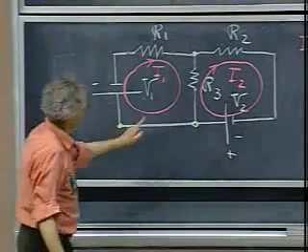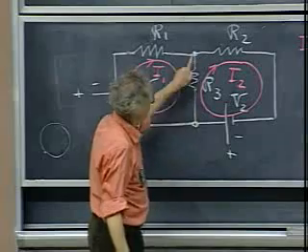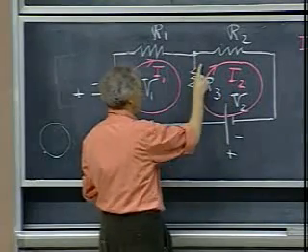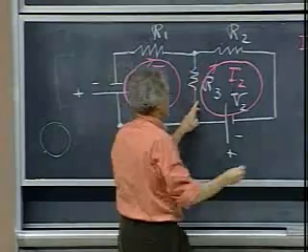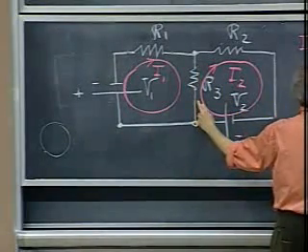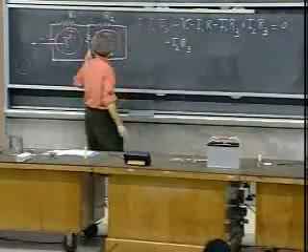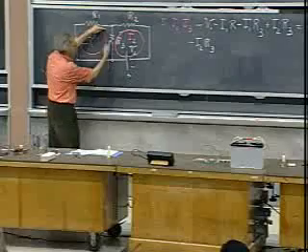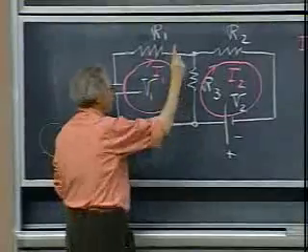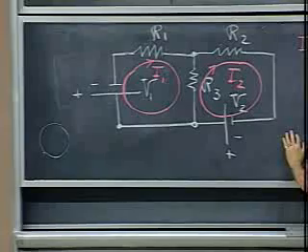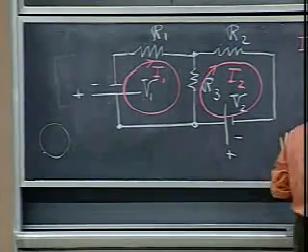So now I go through R3, and this current I2 is running in this direction, so I go down in potential. So I get minus I2 times R3. But current I1 is coming towards me. If I go in this direction, I1 is coming towards me, so I climb up the potential hill. So I get plus I1 times R3.